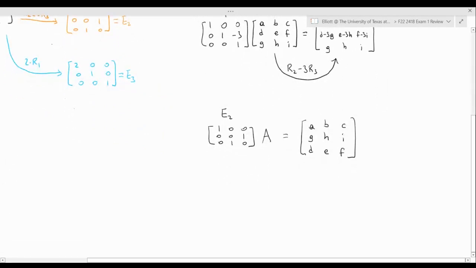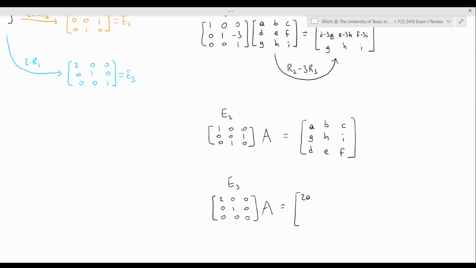And then just real quickly, if you took E3, the last elementary matrix that we have up here, you guys can check if you take E3 and you multiply it with this matrix A again, the product, the result, is just going to be matrix A, but with the first row multiplied by 2.